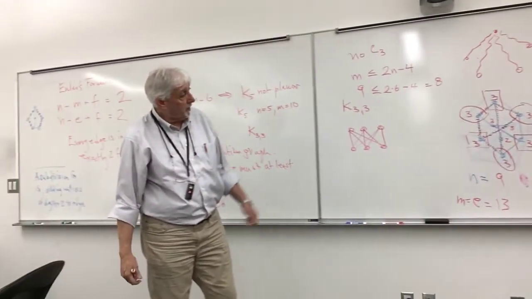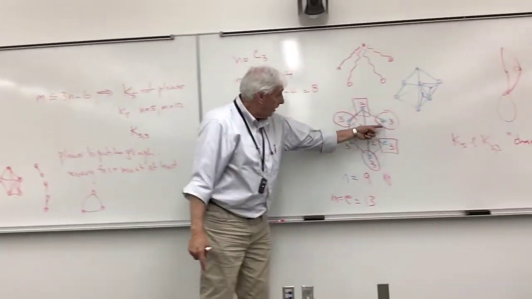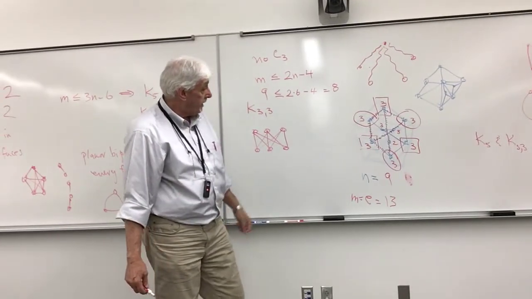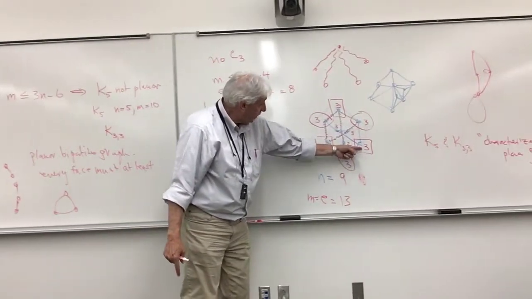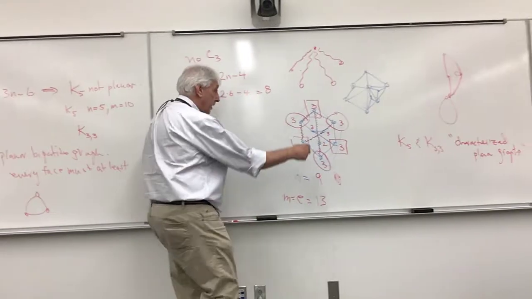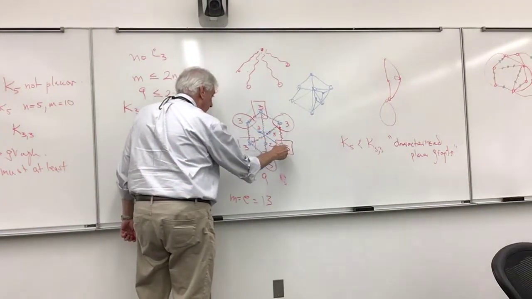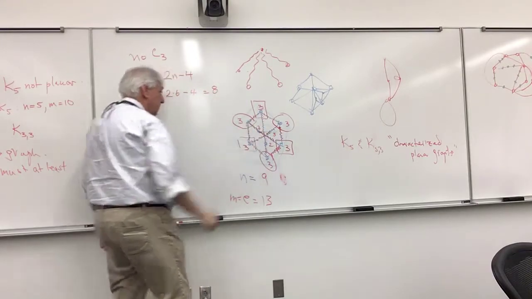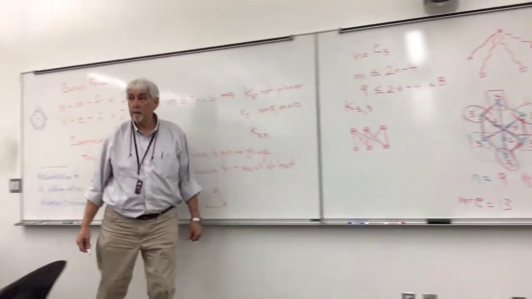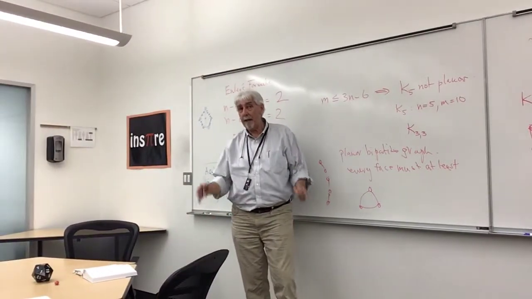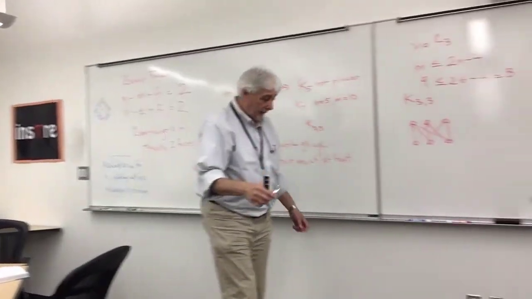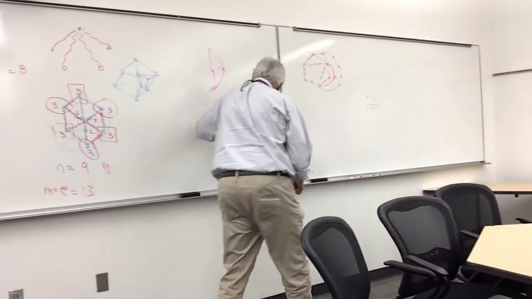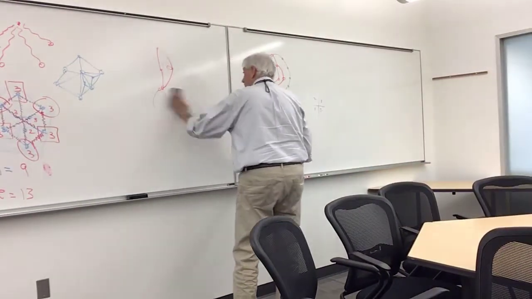There's a path from this square 3 to this round 3, round 3, round 3. And the only one that's left is from this square 3 to the other 3 round ones. So we have a subdivided K33, and we can actually draw this out. So there is my subdivided K33.